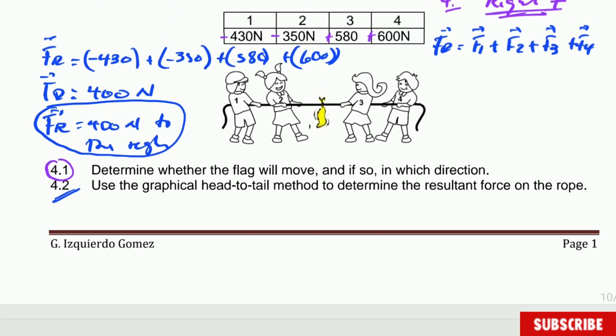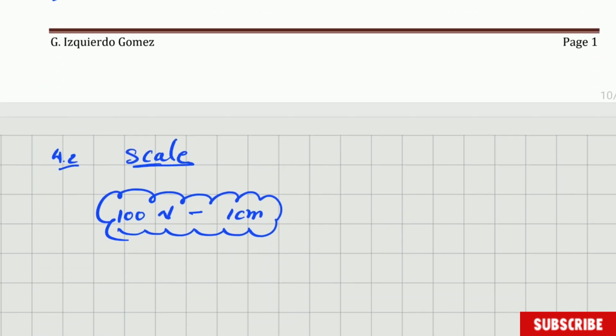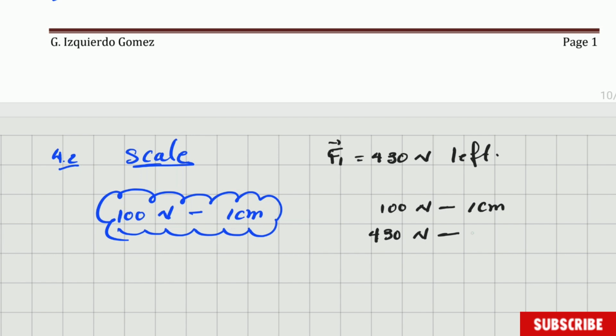The first force F1 is 430 Newton, to the left. The purpose of this is to get the scale. So how do we do this? We say 100 Newton is equivalent to 1 centimeter. We need to know how many centimeters 430 Newton is going to be.